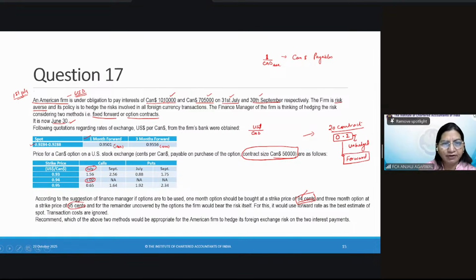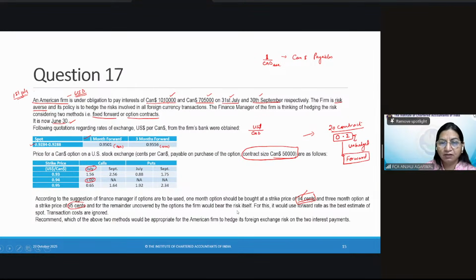Under the forward contract, we will go by 10 lakh 10,000 into 0.9501 and 7 lakh 5,000 into 0.9556. That is the final payment which we will be making if we are using forward contracts, right? But ma'am, if we are using option contract, for 1 month we will go by a strike price of 94 cents, for 3 months a strike price of 95 cents. And as the finance manager is saying, we can leave it uncovered.